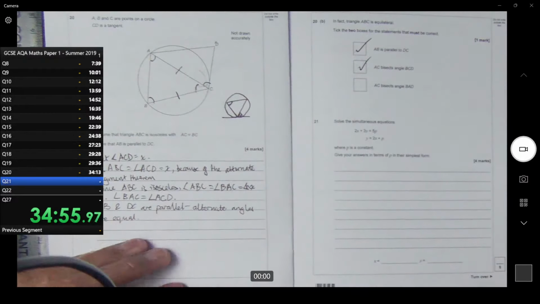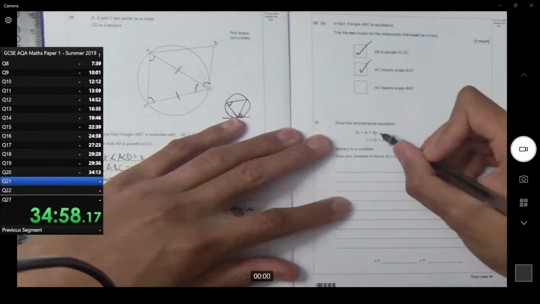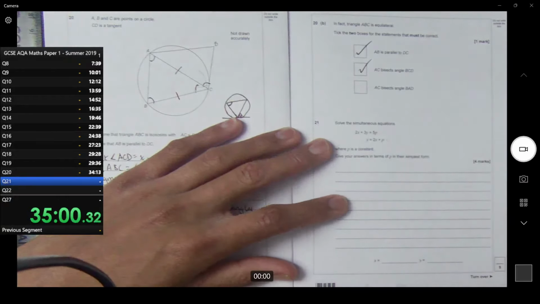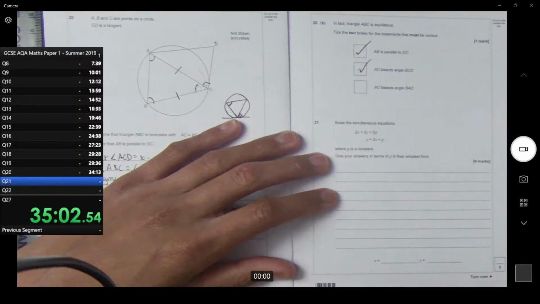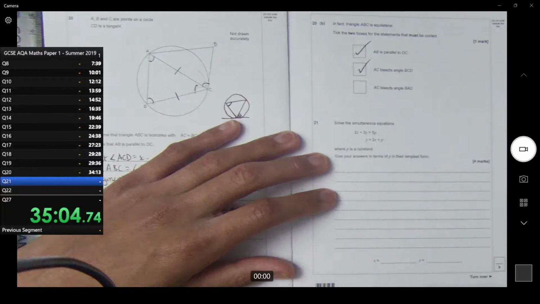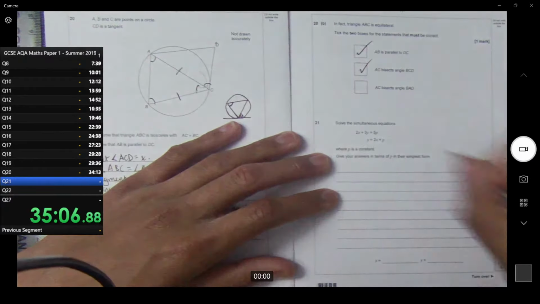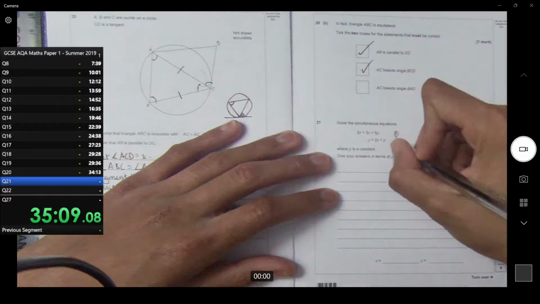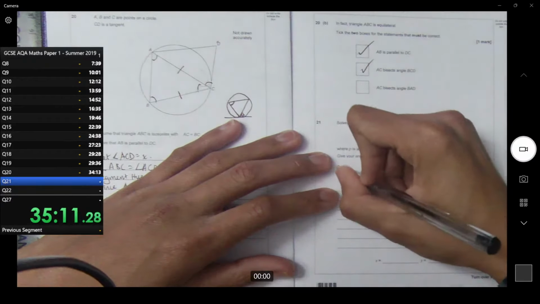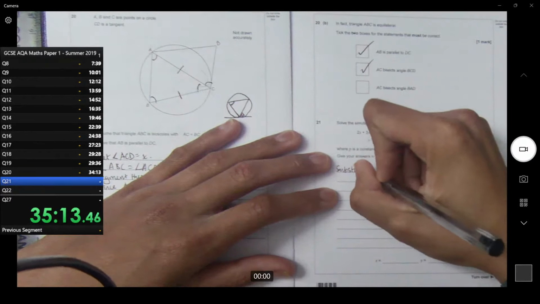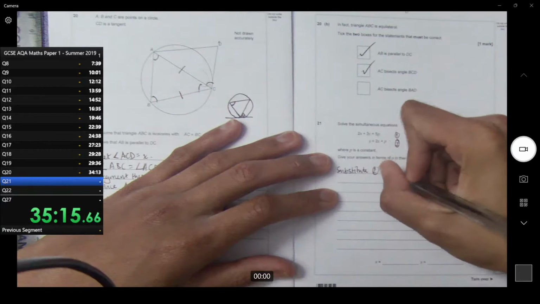Alright, so solve the simultaneous equations. Give your answers in terms of p in the simplest form. So I'll label these equations. So substitute equation 2 into 1.